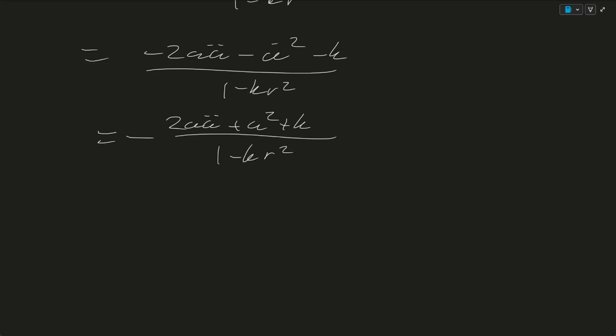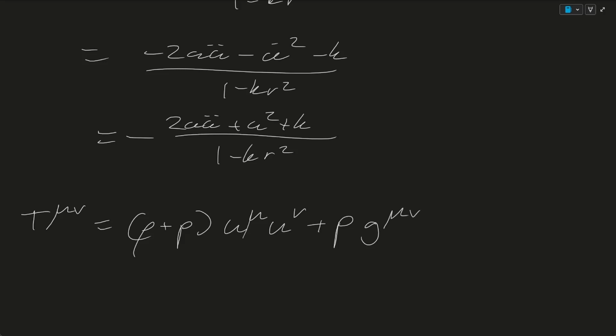In the rest frame of that fluid, the energy momentum tensor takes this simple form, T mu nu being equal to (rho plus P) u^mu u^nu plus P g^mu nu. Rho is energy density, P is pressure, and u^mu is just the four-velocity of the fluid.